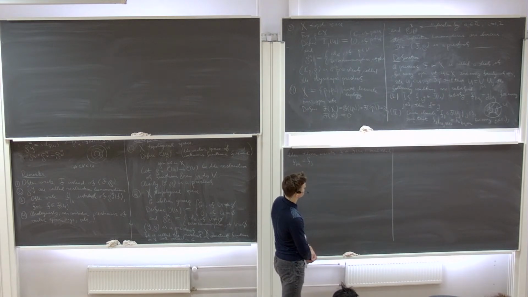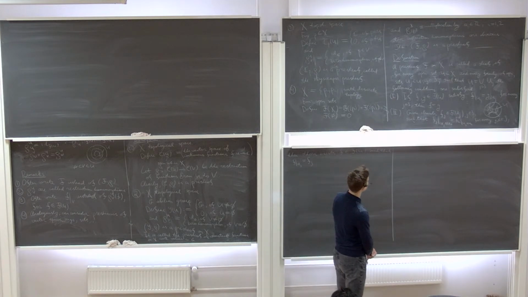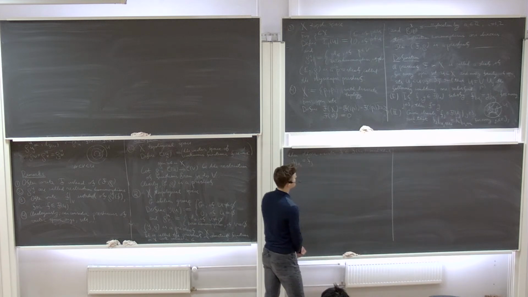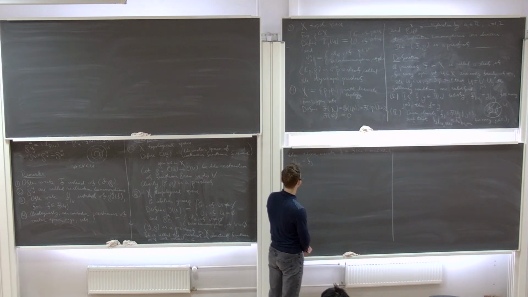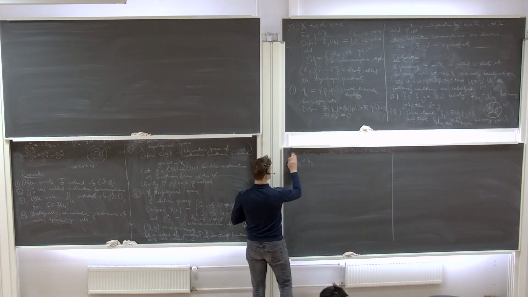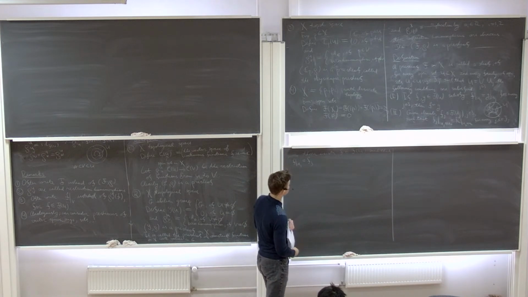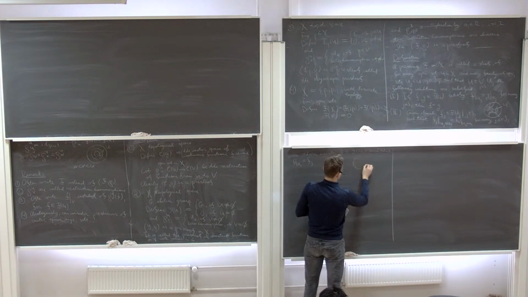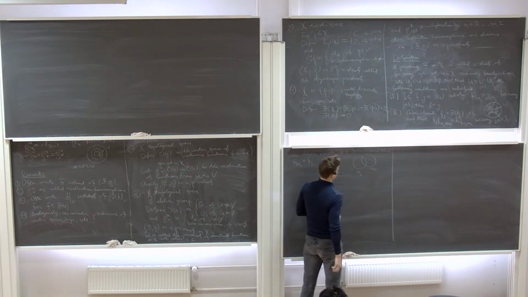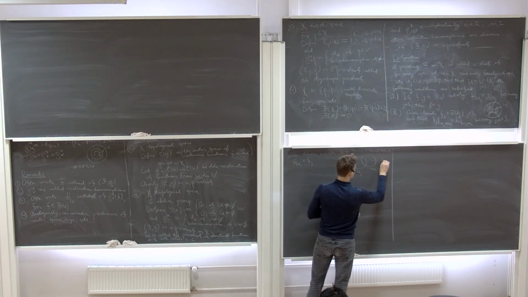So what it says, okay, I draw. We have an element fj, here fk.